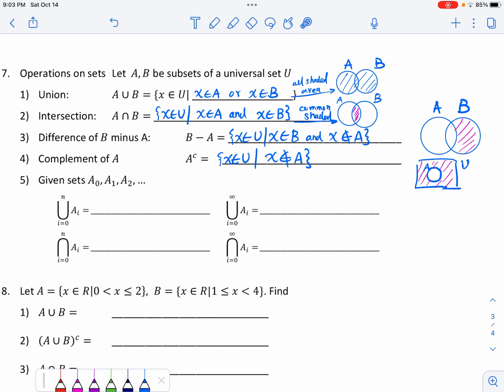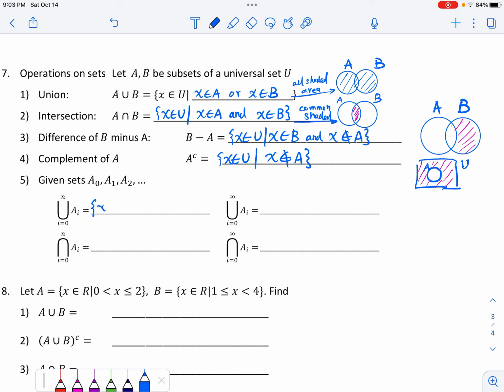Now, sometimes here these are just two sets. We have some scenarios of two sets. Sometimes we have a certain number of sets, like from A0 to AN, the union over I from 0 to N of AI. We can extend this definition to here.